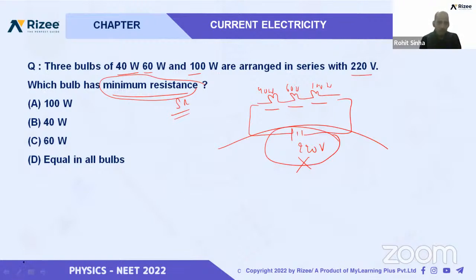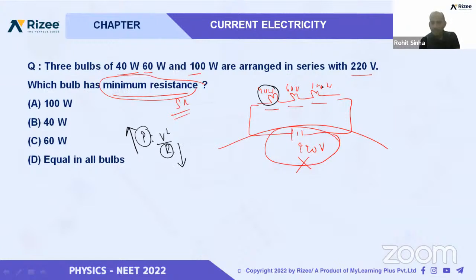Now if it depends upon the rating of the device, what does it mean? We know that P is equal to V square by R. So R and P are inversely related to each other. The device having more power will have less resistance.